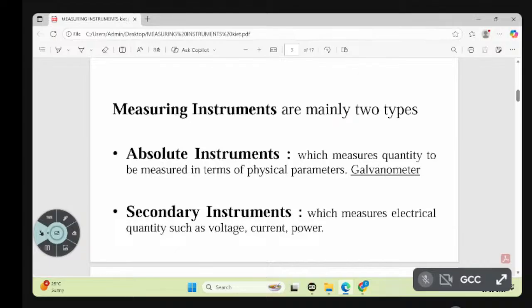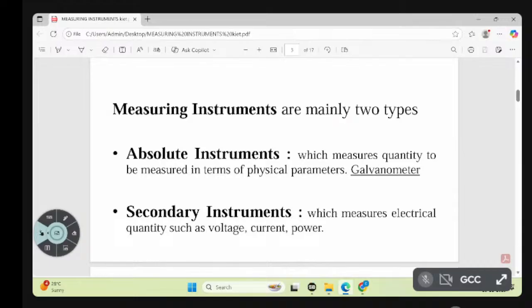Secondary instruments are 3 types. One is indicating, integrating, and recording.